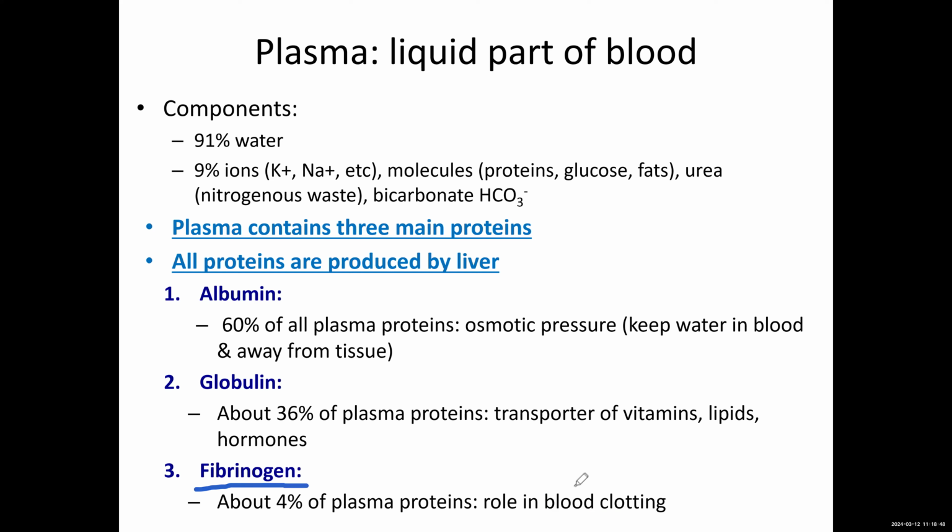So it will be a platelet plaque. You will have platelets that form a temporary plaque, and then you will have this fibrinogen that will seal blood vessels for good. Right, so that's our 3 types of plasma proteins: albumin, globulin, and fibrinogen, and again, all produced by the liver.